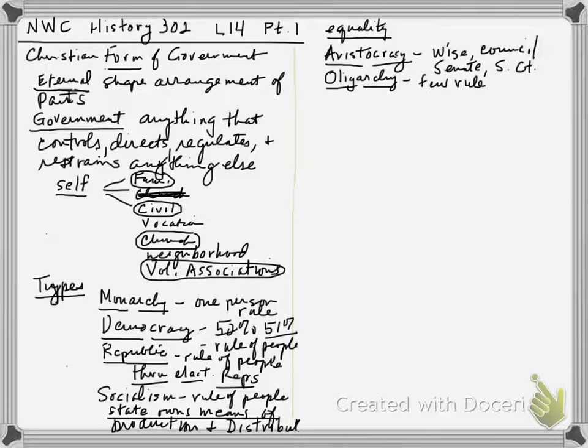An oligarchy, though, is usually based on wealth, or successful business people. They have talked about, as an example, today in Russia, there are a number of wealthy businessmen that kind of rule the country, and they call them oligarchs in Russia. So, a little bit of background there.